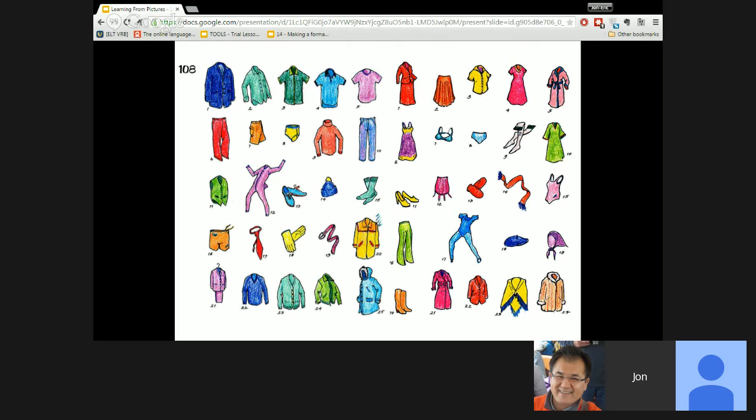So, what do we call it? So 13 is. What about 12? Underclothes. No. We say long underwear. Long underwear. Okay. Right. Thank you.